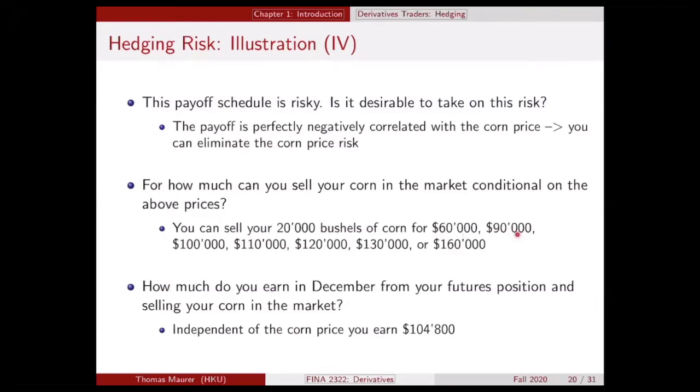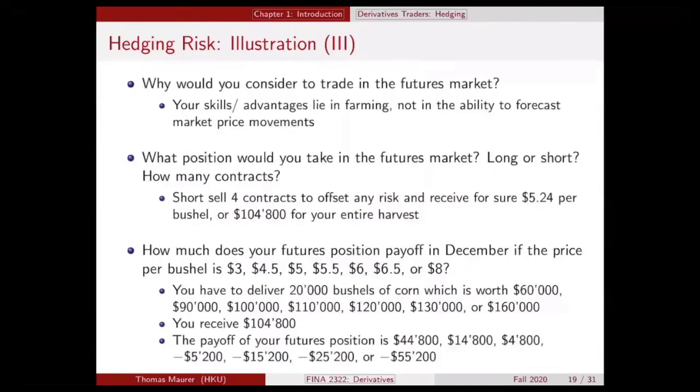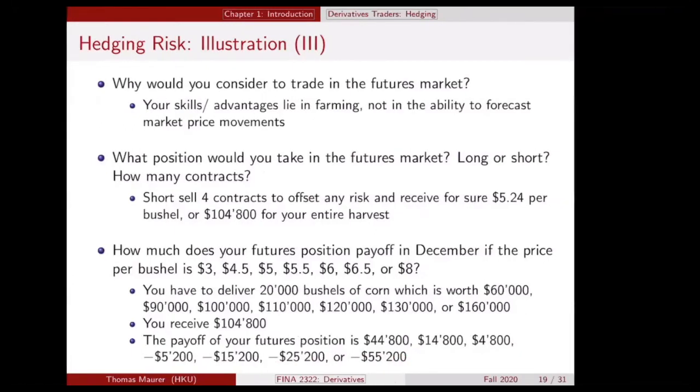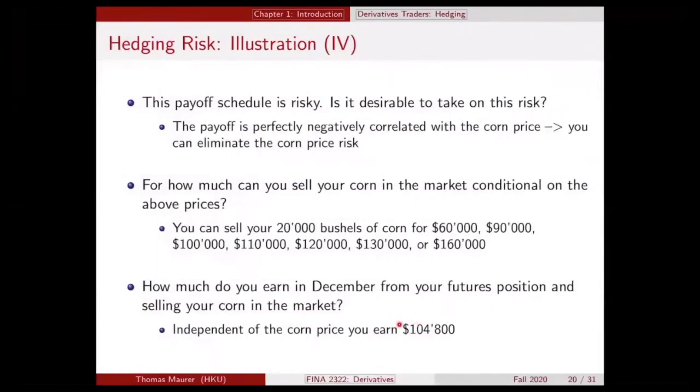The risky revenues from selling corn in the local market exactly offset the risky payoffs which I get from trading in the futures market in the Chicago Mercantile Exchange. Now, is it a big surprise that you get $104,800?